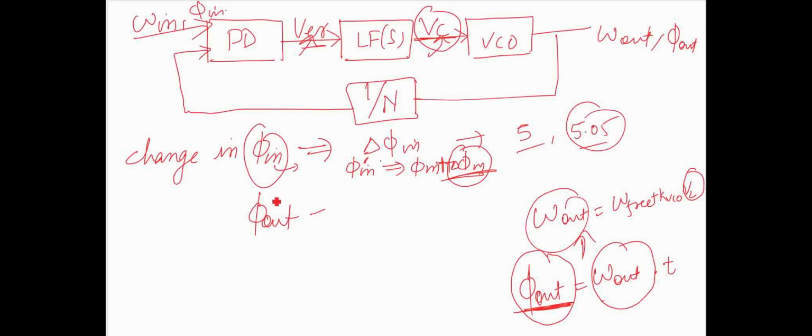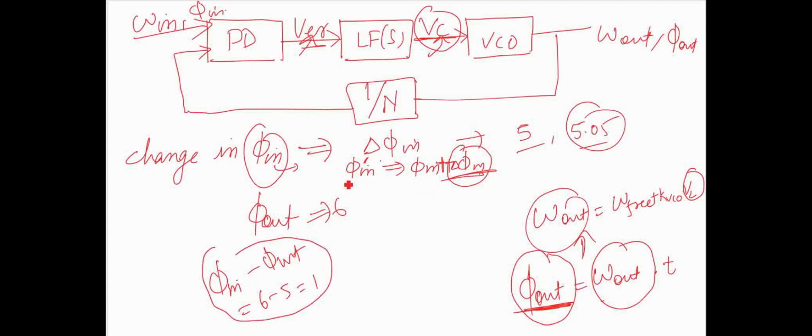Let this phi out be 6. Now the difference of phi out minus phi in is 6 minus 5, that is 1. After the increment, phi in becomes 5.05.